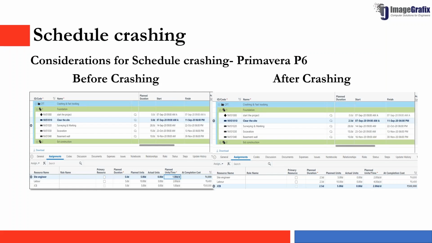The duration of the activity clear the site has been reduced from 5 days to 2.5 days. This is the concept of schedule crashing with Primavera P6. We are changing the units per time of the resources by fixing the units of the activity, so that the duration of the activity changes. This is the concept behind schedule crashing and duration type as well.